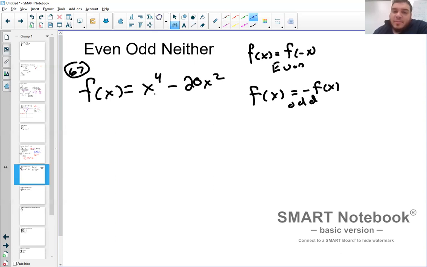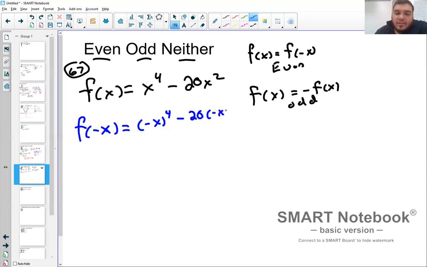So I'm going to show you an example using number 67. So f of x is what I'm given here. What I need to check is if it's even, odd, or neither. It'll be even if I plug in f of negative x and it is exactly the same as the original. So negative x to the 4th minus 20 times negative x to the 2nd.